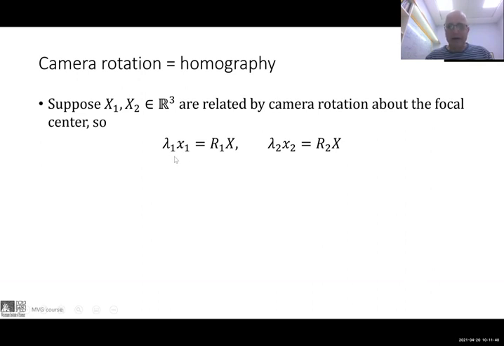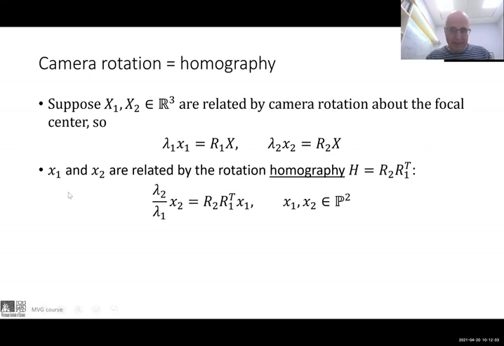So you get lambda 1 times small x1. You will see the point in the image at small x1. And the same thing, you take the same X, you apply R2, and lambda 2 x2 will be the result.